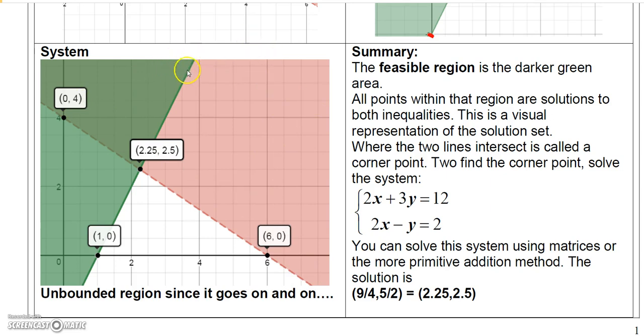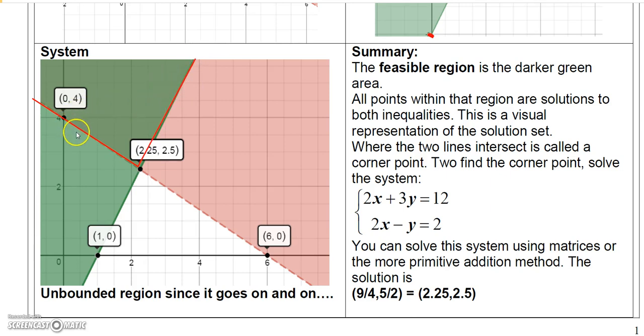And then here's the boundary for the second one, and we shaded everything on this side for that boundary. So if you look for where the overlap is, let me see if I can draw it for you. So it goes there and then up through there.